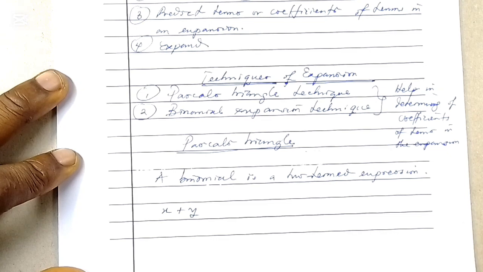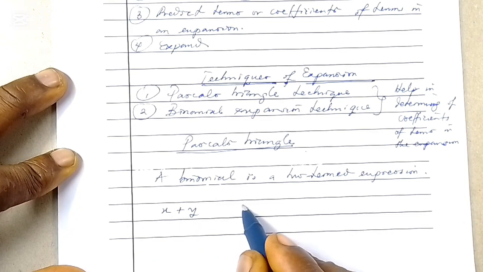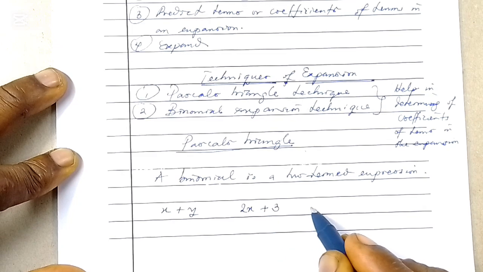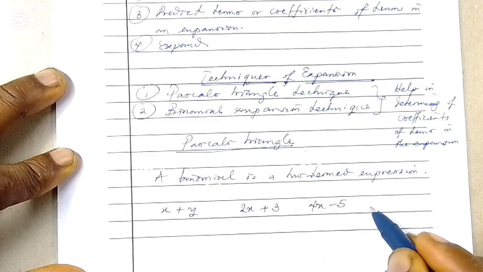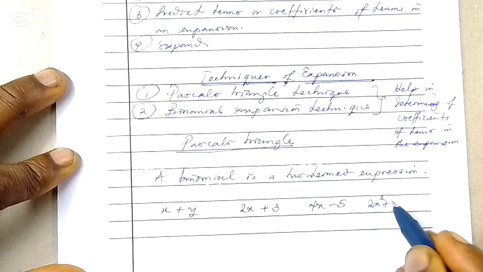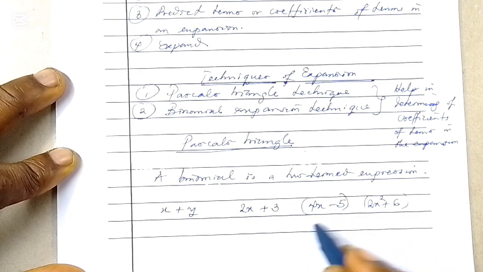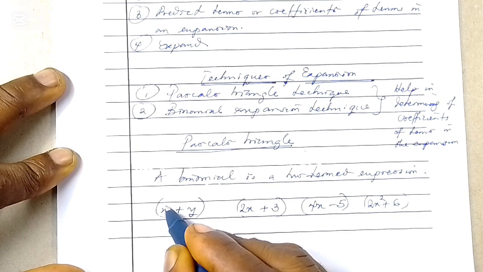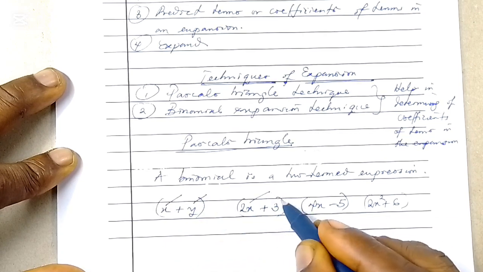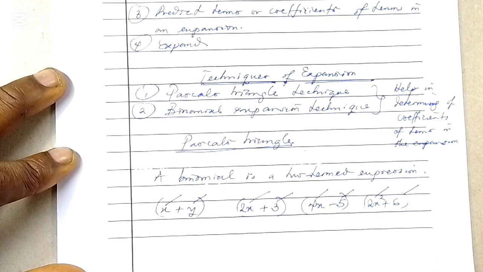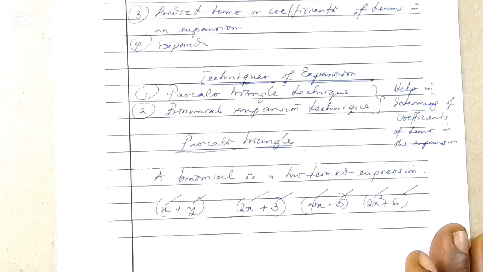Any expression that contains two terms, such as 2x plus 3, such as 4x minus 5, such as 2x squared plus 6, having term 1, term 2, can be treated as a binomial. So we would look at a binomial as being a two-termed expression.